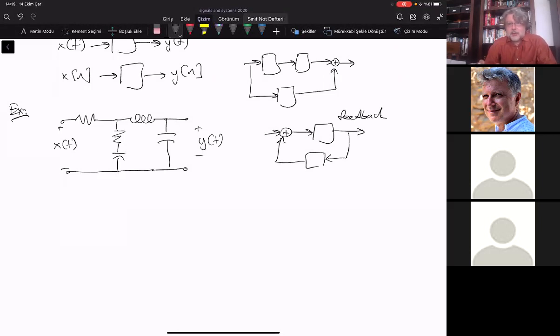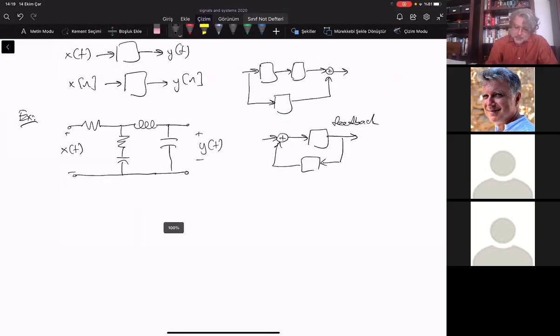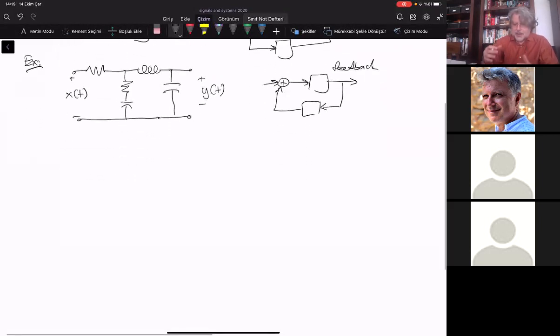Once we develop the tools to analyze systems, you will be able to formulate and come up with the overall input-output relation from this input to this output by saying that the dashed box, the larger thing, is your system, and how does it behave if the top and the bottom blocks are already given to you. Now, I will do a few examples, and the first example again will be a circuit example.